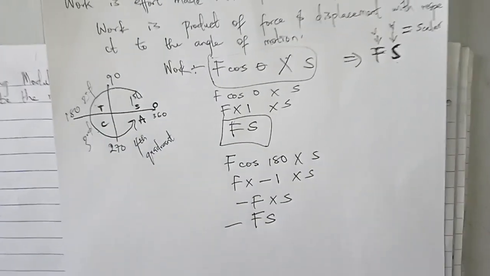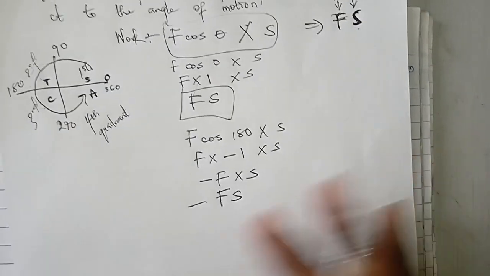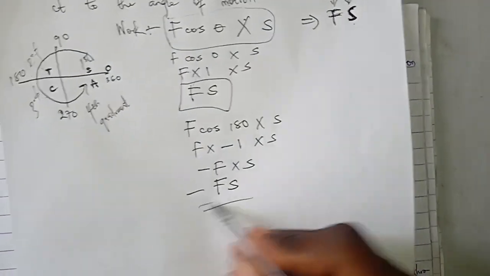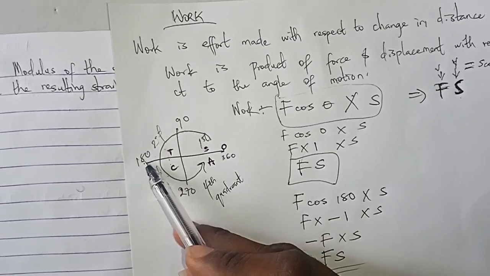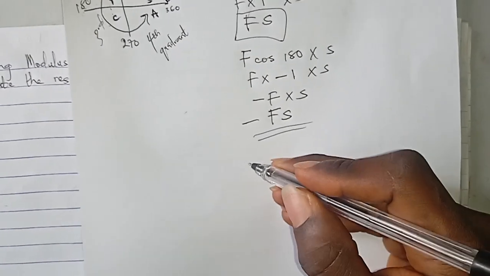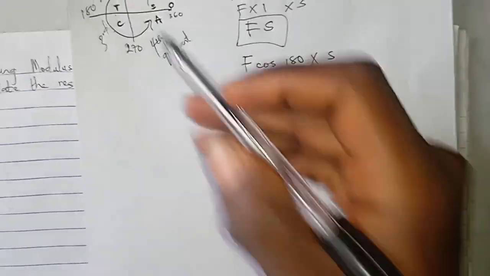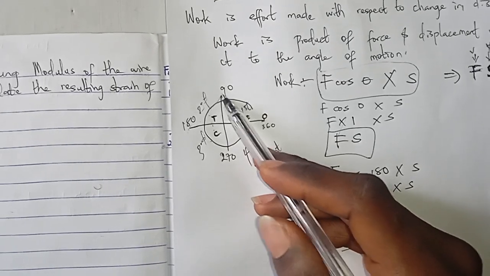So what about when we have 90 degrees? When the angle of motion, or the direction of motion, is 90 degrees.